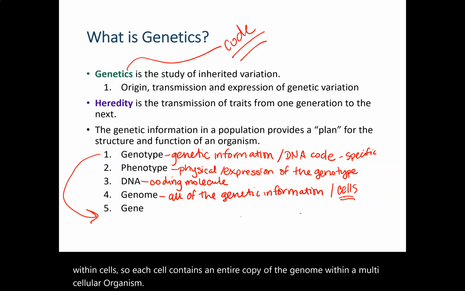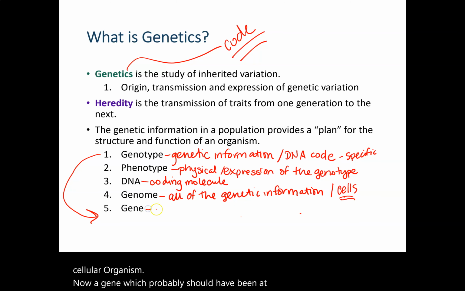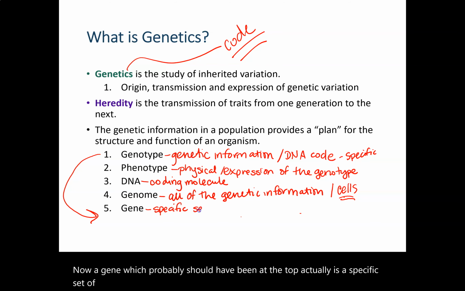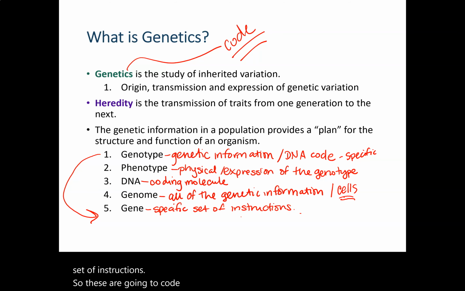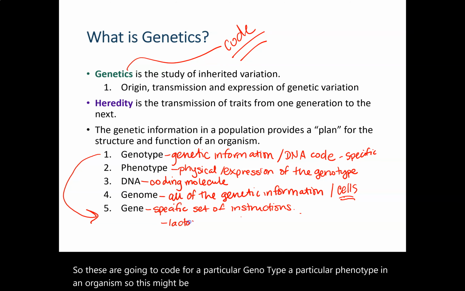Now, a gene, which probably should have been at the top actually, is a specific set of instructions. So these are going to code for a particular genotype, a particular phenotype in an organism. So this might be something like lactose intolerance.